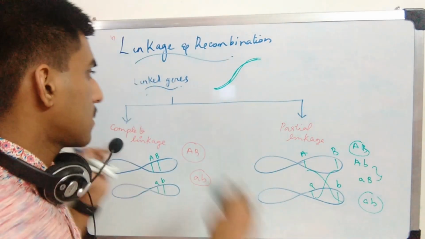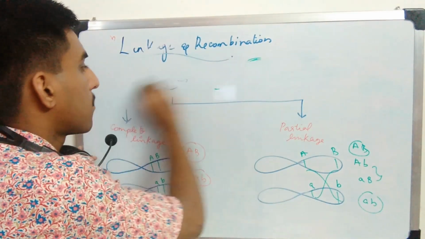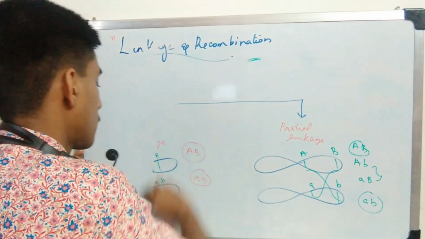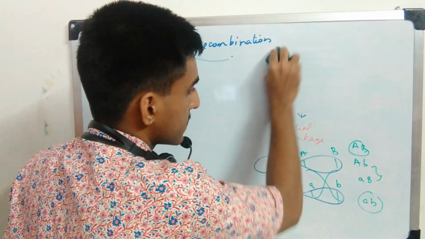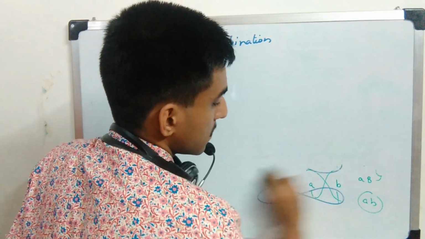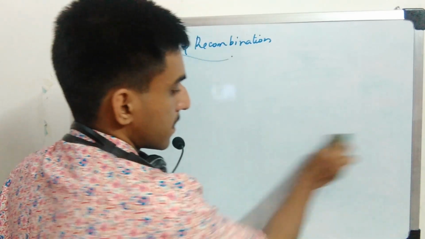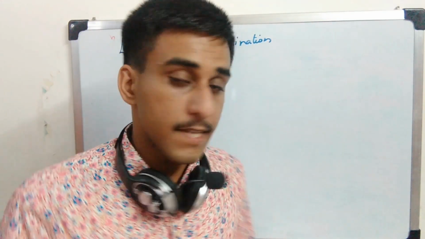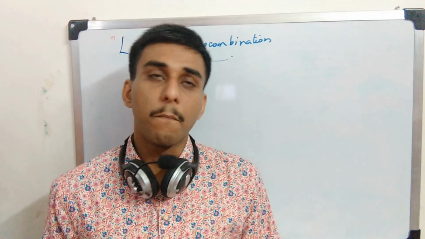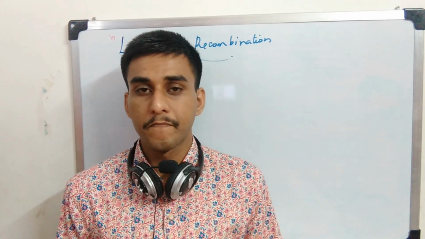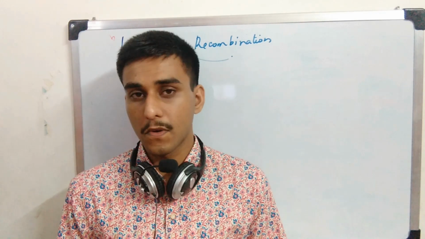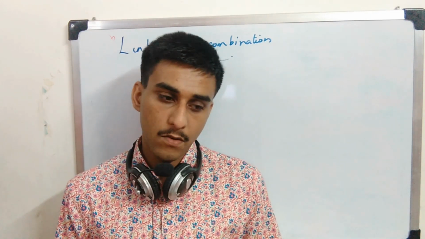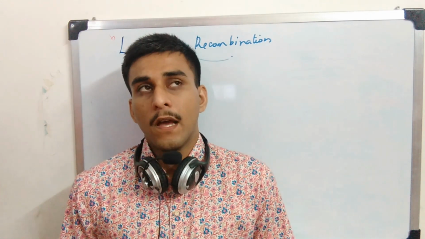So what do you understand by polygenic inheritance? From the word itself, we can understand that in polygenic, more than one gene is involved in the inheritance pattern. Yes, that is the difference between Mendelian inheritance and polygenic inheritance.